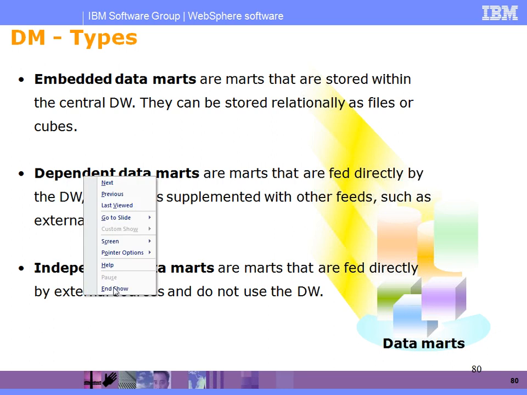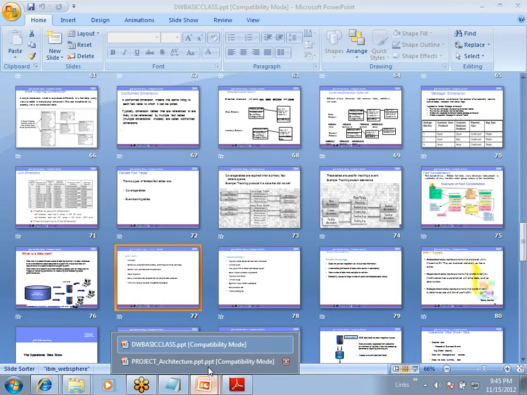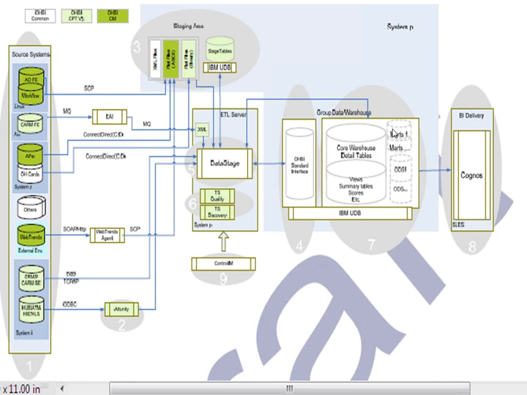If you observe the project architecture I showed you just now, we have marts. These marts are maintained as separate systems. These are dependent data marts. Once we load the data from source to the staging area, from the staging area to the warehouse, and from the warehouse we create separate systems called marts.